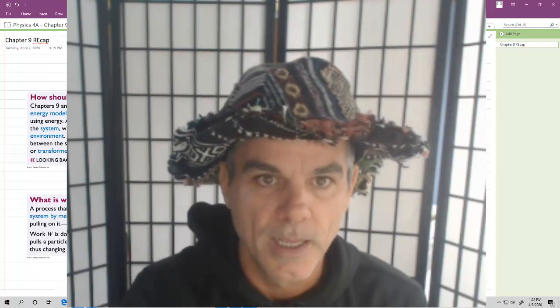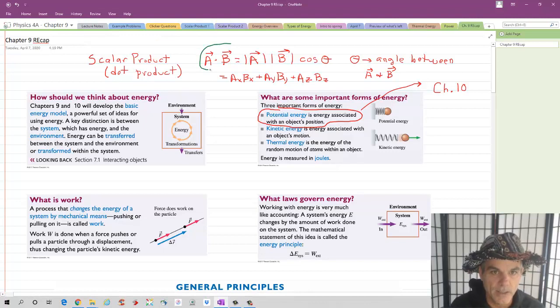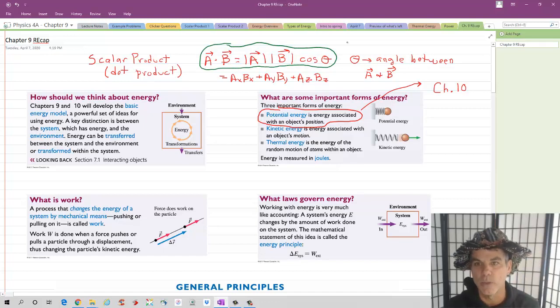associated with it. The dot product of two vectors, let me change this to green, is defined as the magnitude of one vector times the magnitude of the second vector times the cosine of the angle between them. Now, your book, I think, is using alpha. Some books use theta. The angle between A and B, the two vectors, is what we care about.